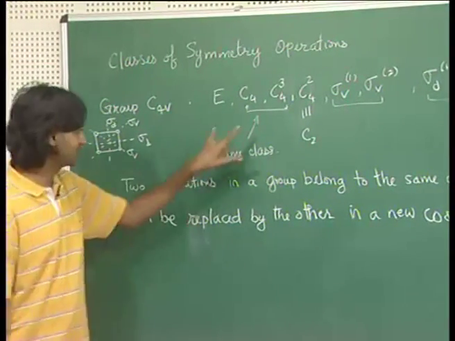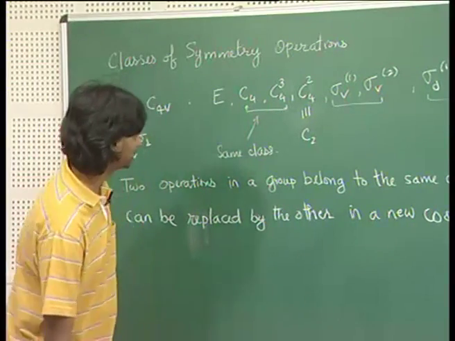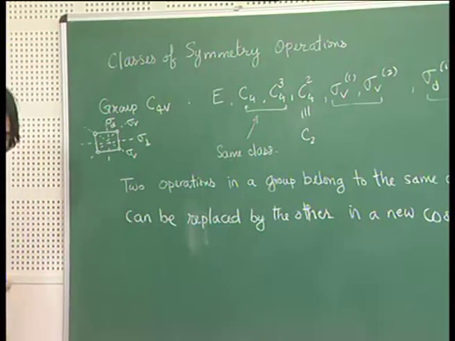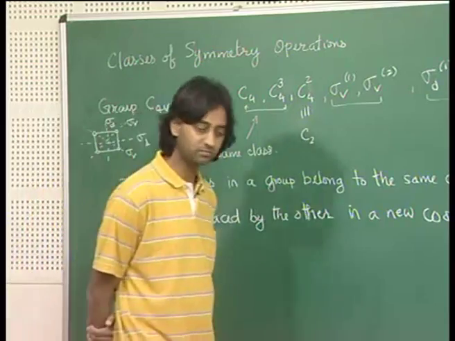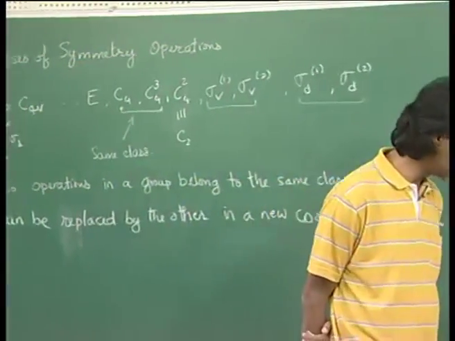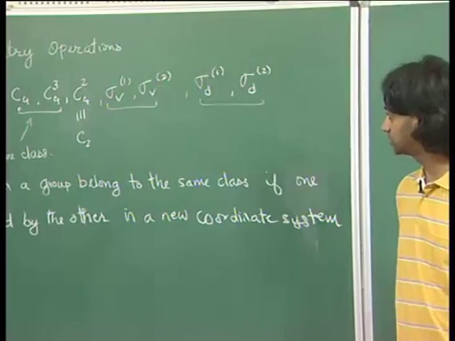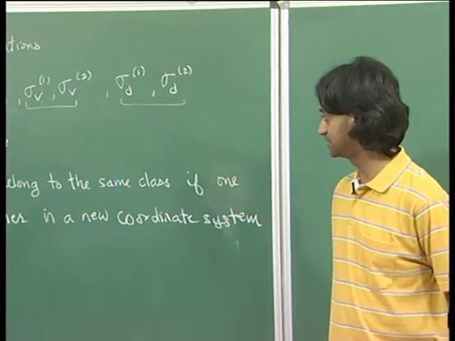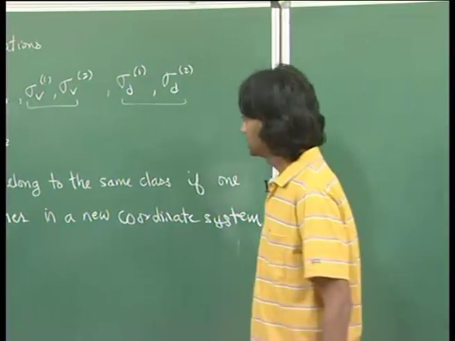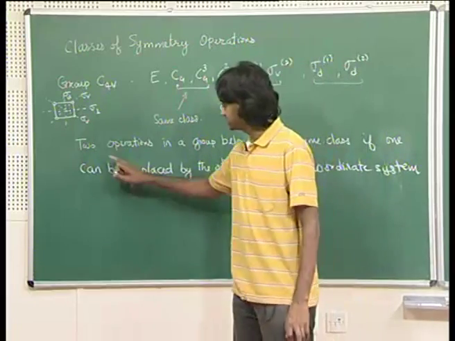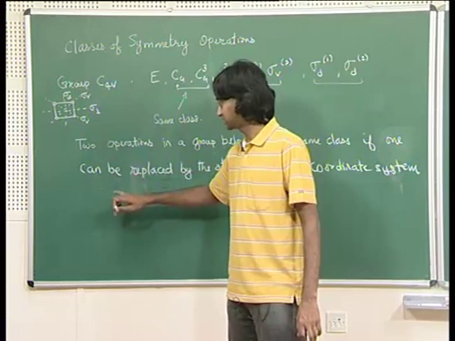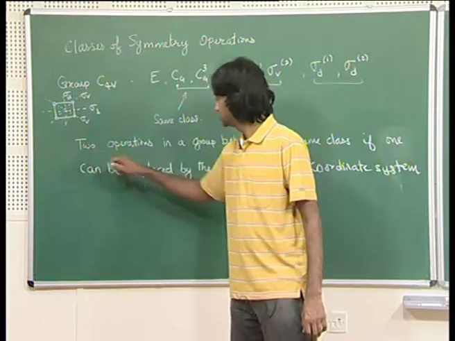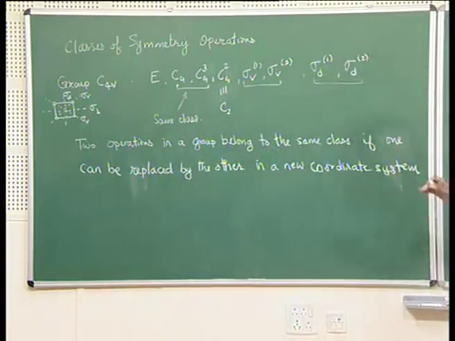Now, we will take the example of C4 and C4(3), and we will explore further the relation of them being in the same class. We had stated this way of defining classes: two operations in a group belong to the same class if one can be replaced by the other in a new coordinate system.